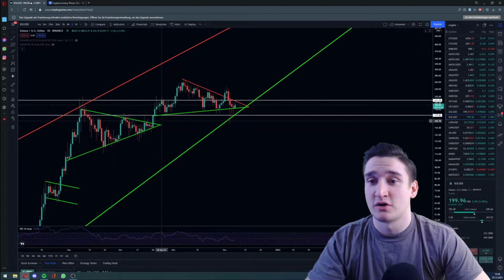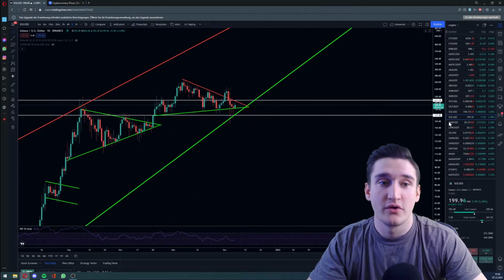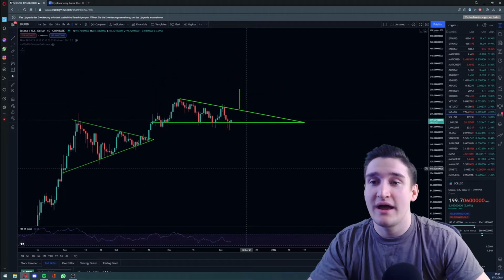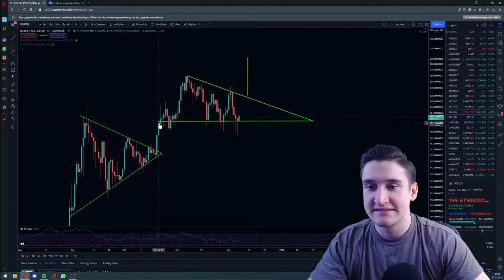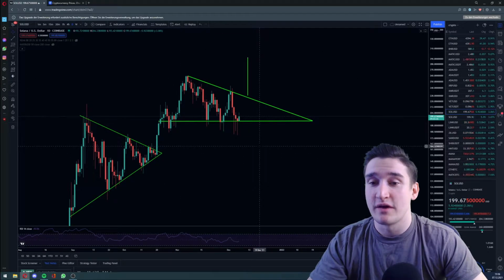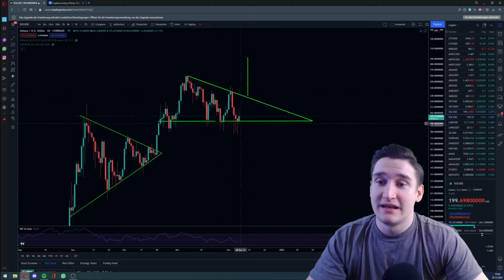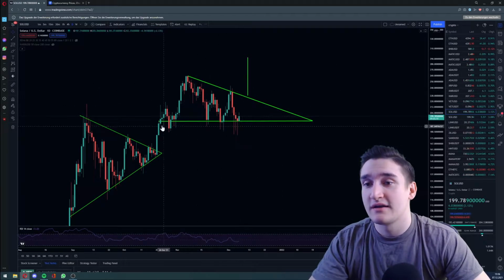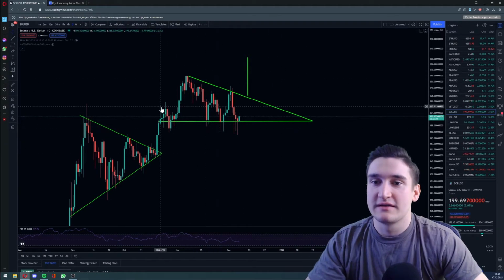But we must also talk about another chart pattern, because that symmetrical triangle could also be drawn in as a descending triangle. If we switch the chart here, you can see we got an even bigger descending triangle on the same time frame. So we must say theoretically, this is the more valid pattern, because we didn't get a fake out. Okay, here we got a little fake out at the beginning of the pattern, but then we didn't get a fake out.